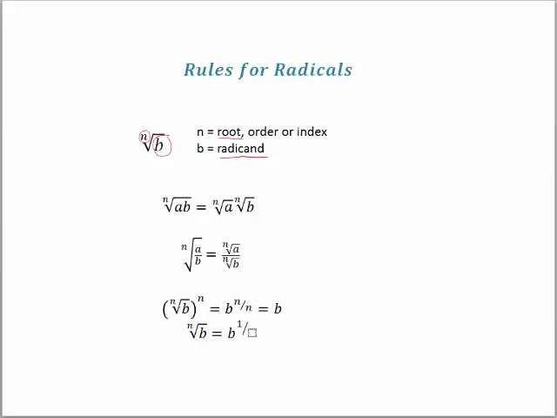And also, when we have the radical b with the nth root, that can be rewritten as b to the 1 over n. Okay.